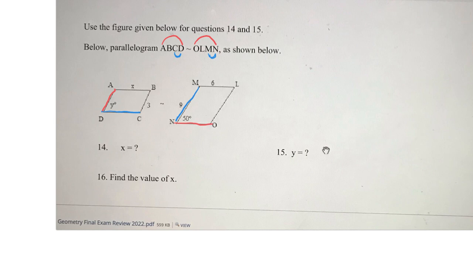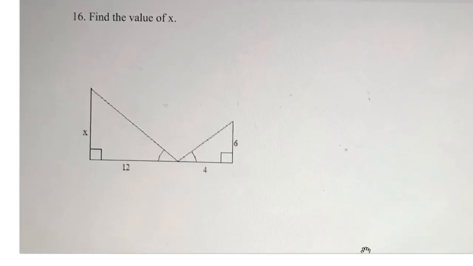What we can see is the angle between the red and the blue side is going to be equal to the angle between the red and the blue side over here as well, because they structure these letters in a particular order to let us know that AD corresponds with ON, CD corresponds with MN, and therefore the angle between these sides has to be the same. So that's 50.